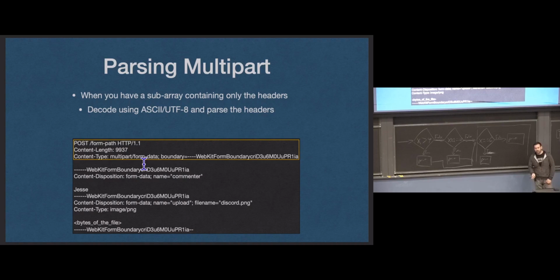It's not even UTF-8, it's all ASCII. So you can now convert that to a string and throw the headers in whatever code you already have that's going to parse your headers. Even if it works with strings, that's fine. Headers are always going to be strings, so you can still reuse that function that parses your headers and spits out a dictionary of all the name to value key value pairs. Parse all the headers that way.